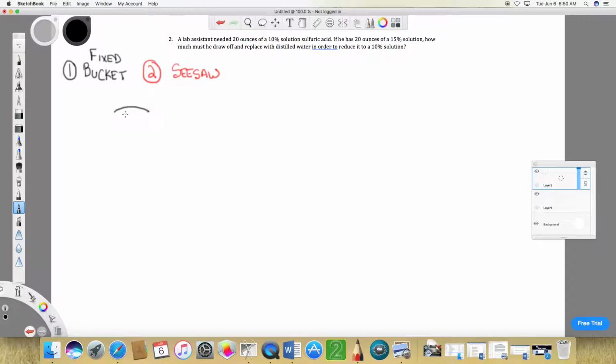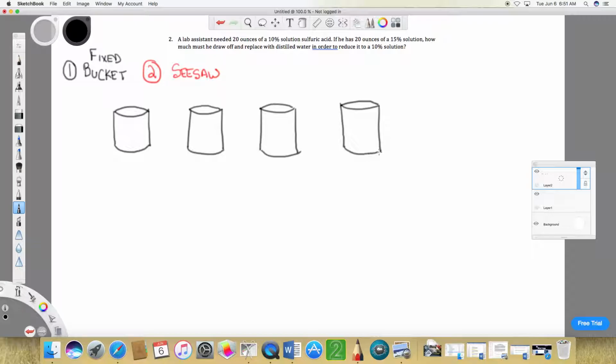So here's a bucket that is representing a solution, and then here's the same size bucket, and the same size bucket, and the same size bucket. All right, so how am I going to use this illustration to help me get an equation?